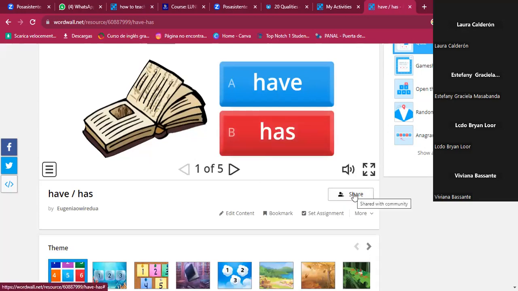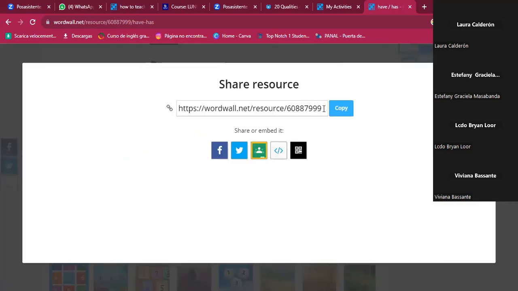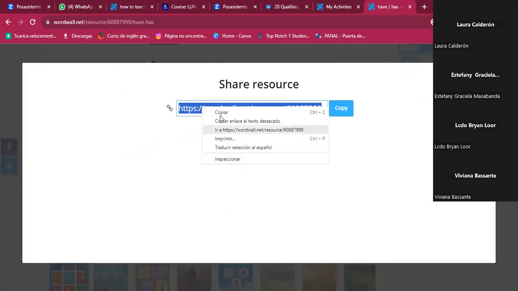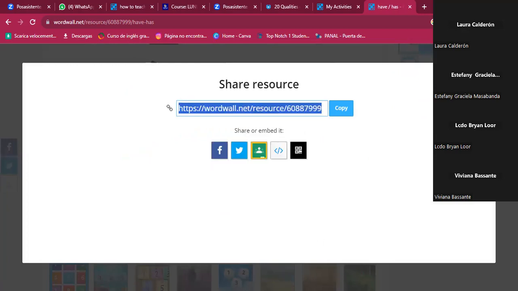If you manage or handle a platform, you can put share and then put the link, right?